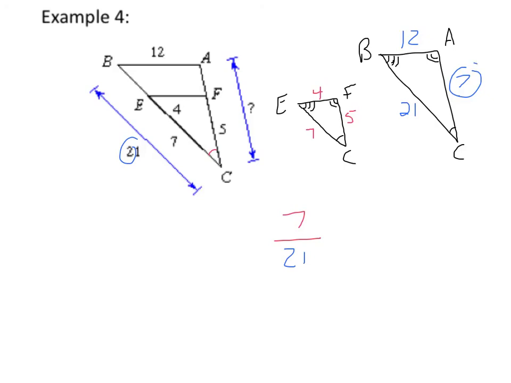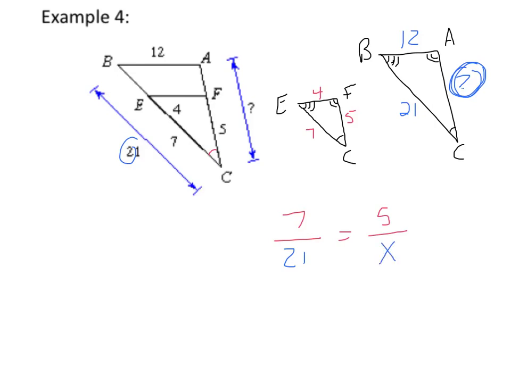Now I'm looking for this one right here. That's unknown. That's a question mark there. So what side matches up with that? The 5 does. So again, I went left to right with the first fraction, so I'm going to go left to right with the second fraction, and that's the unknown.